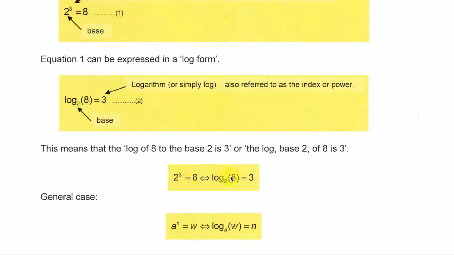The statement on the left and the statement on the right are equivalent to each other. So 2 to the power of 3 equaling 8 is the same thing as saying log base 2 of number 8 is equivalent to 3. Here on the left hand side, I've got base 2 raised to the power of 3, the result's 8.